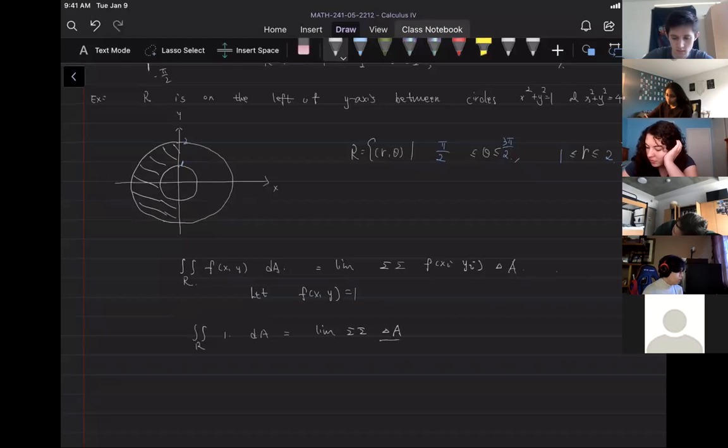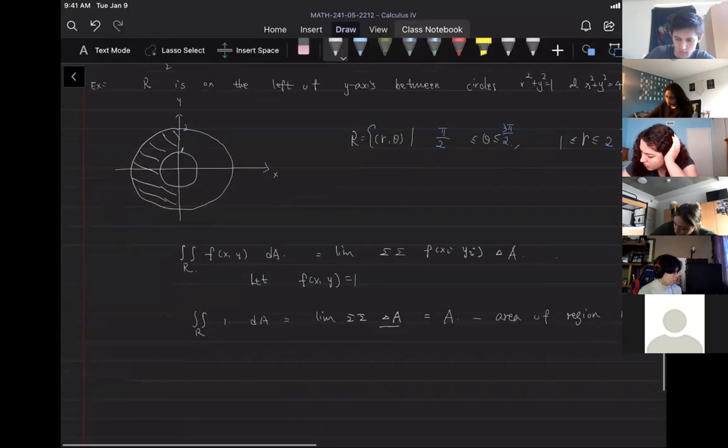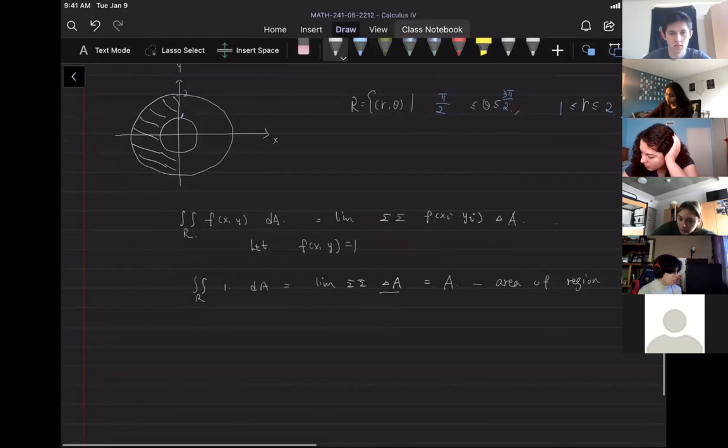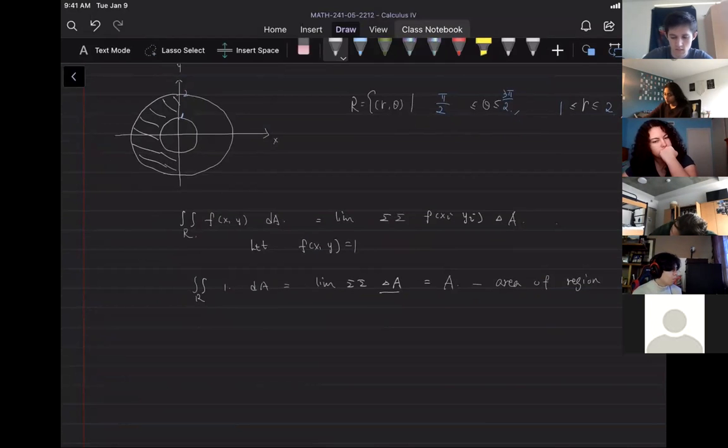So delta A means the small area, right? If we add all the small areas together, it's just the whole area of the region R. Okay, so this is just the area of region R. So actually, whenever we have the function equal to 1, the double integral is the area. Okay, I can give you this as a formula.